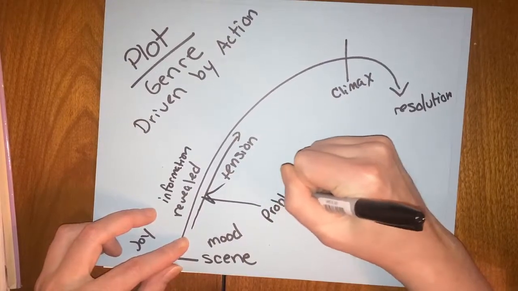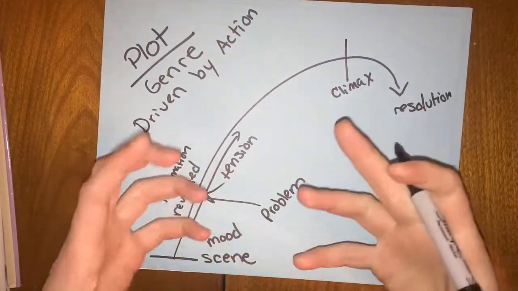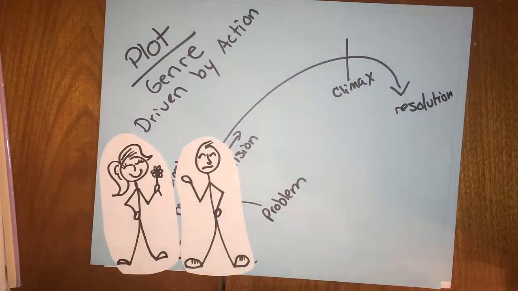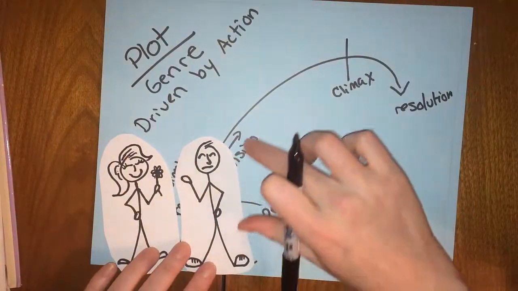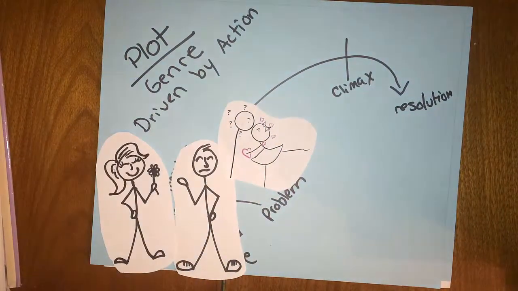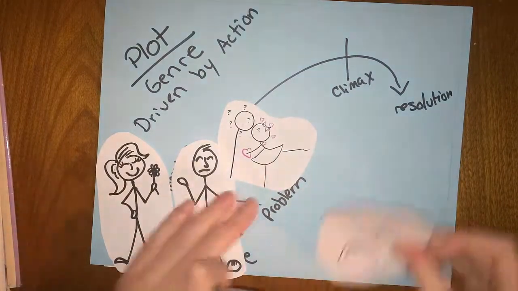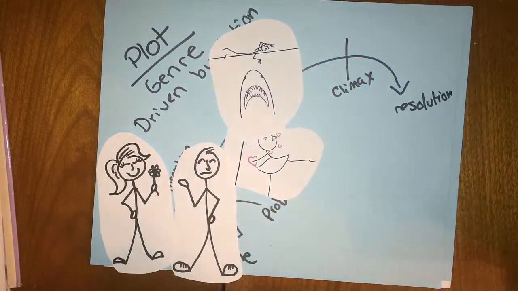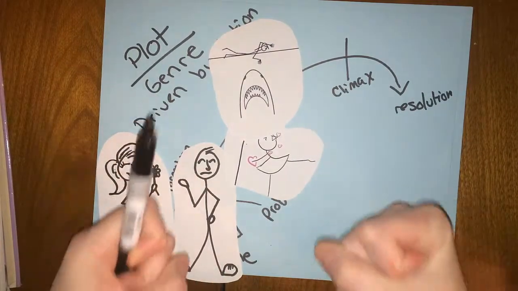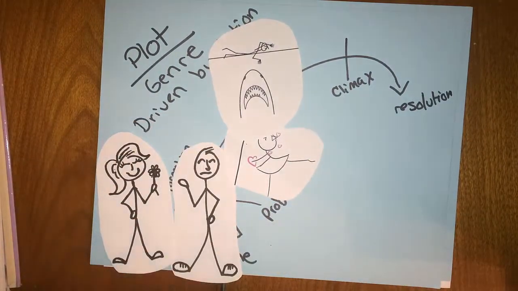There's some kind of problem or barrier or obstacle that your characters need to overcome. As they move along the plot, there are various elements that introduce their relationships, whatever the problem might be, and tension creates a situation where the reader needs to know how they're going to resolve that problem.